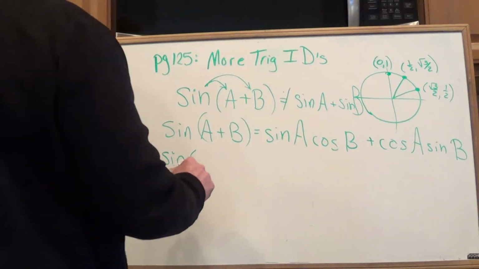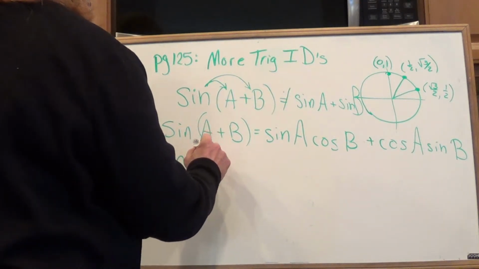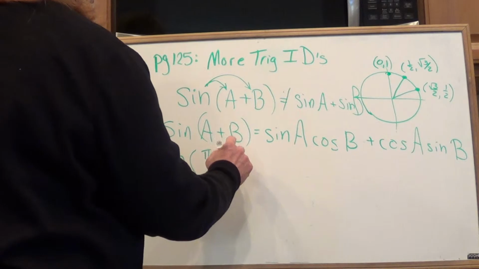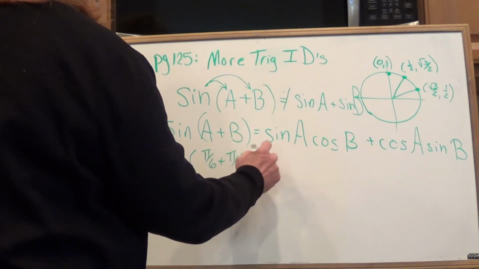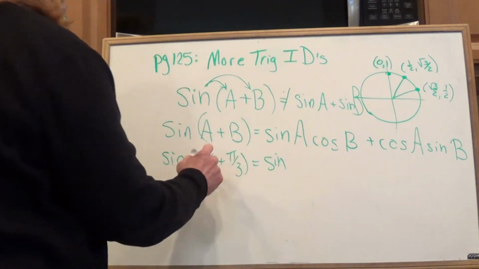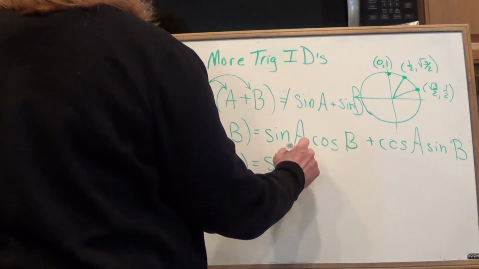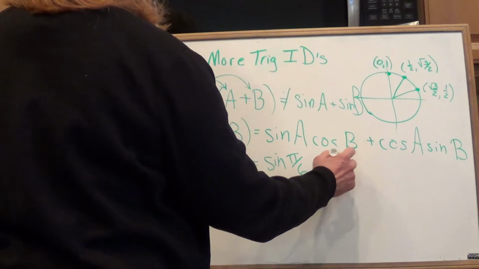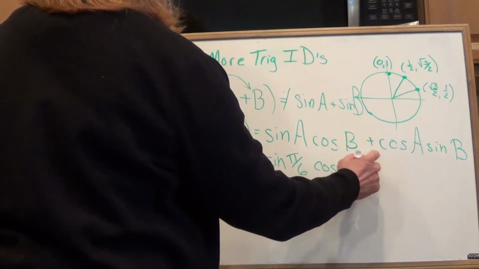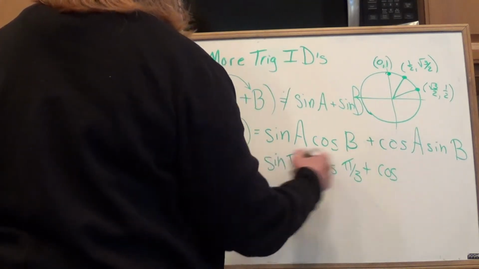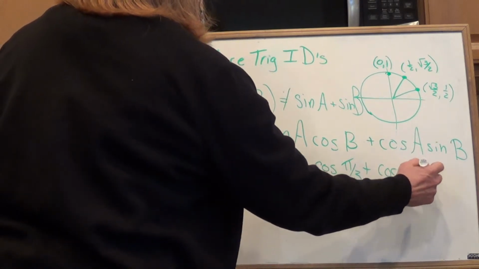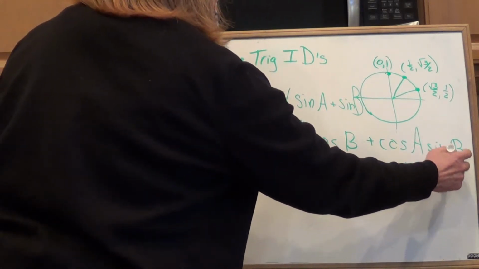We're going to put in sine of pi over 6 plus pi over 3, and we're going to see if this holds true. This is my A, this is my B. So I have sine pi over 6 cosine pi over 3 plus cosine pi over 6 times sine pi over 3.